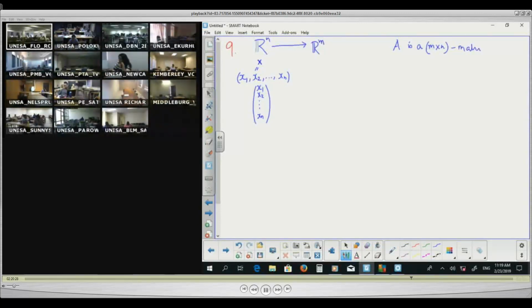Then this map is a linear transformation. So each m cross n matrix gives me a linear transformation.